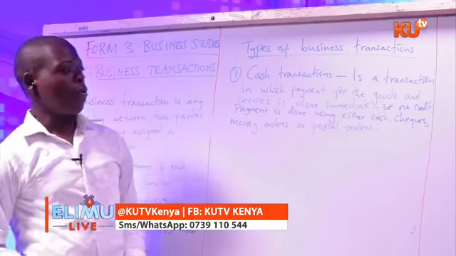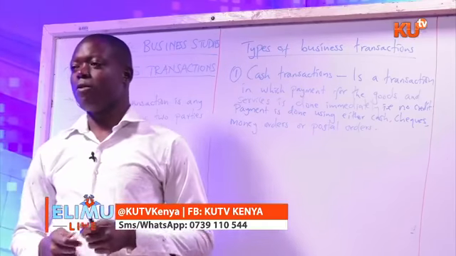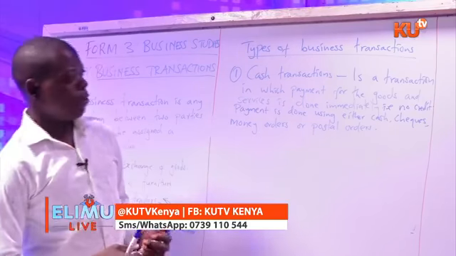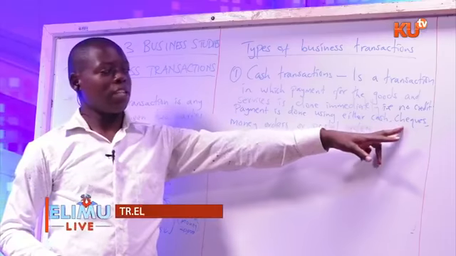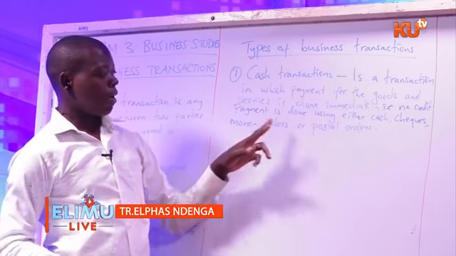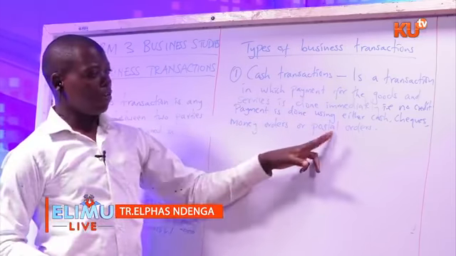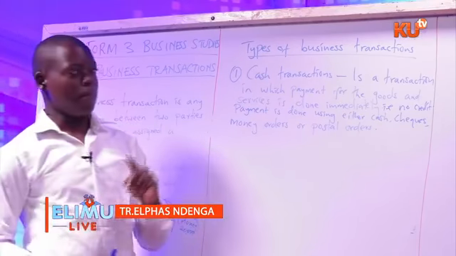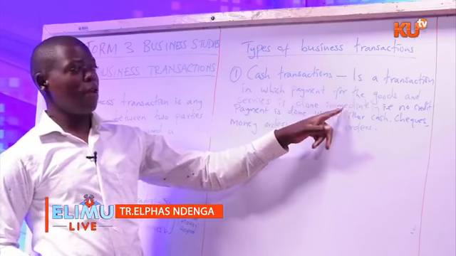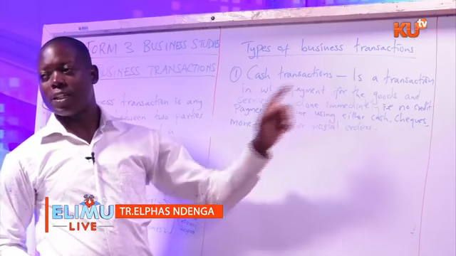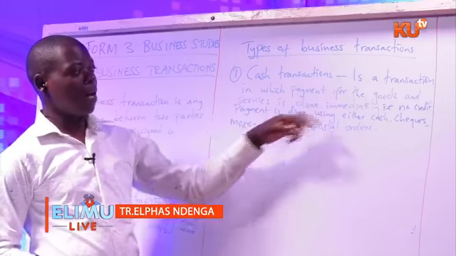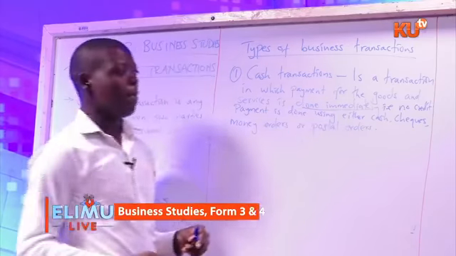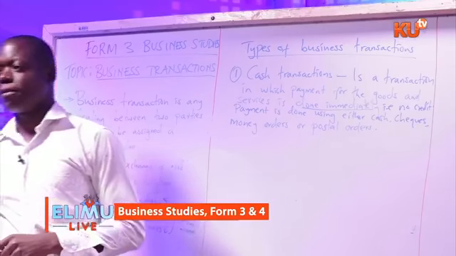Therefore, those are the ways in which we can make payment for the goods and services under cash transaction. Whether you make a sale and the customer gives you a check, a money order, a postal order or cash, they are still under cash transactions, because in that case, payment for the goods is done immediately. Therefore, what distinguishes this from other aspects is the fact that in cash transactions, payment is done immediately.